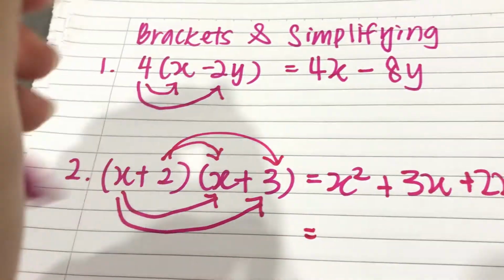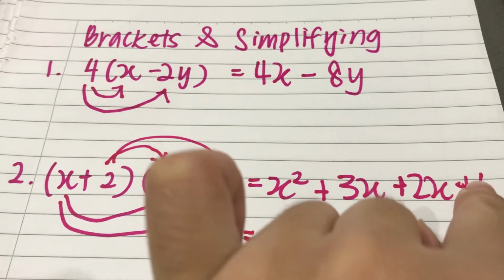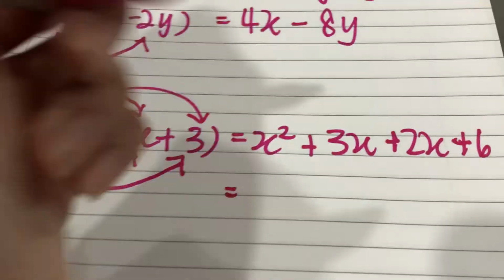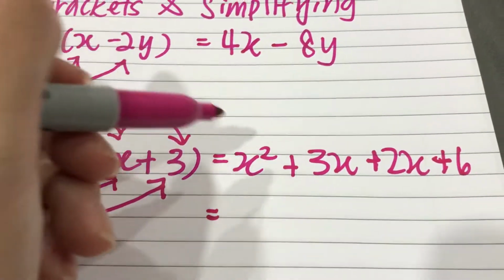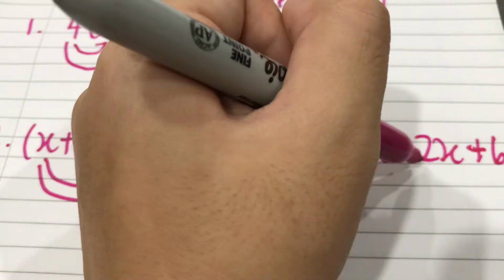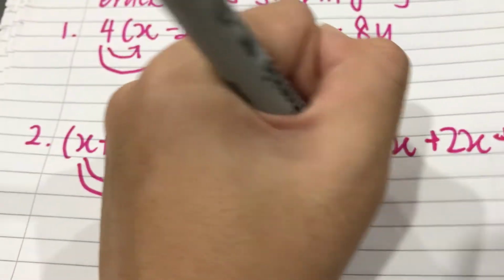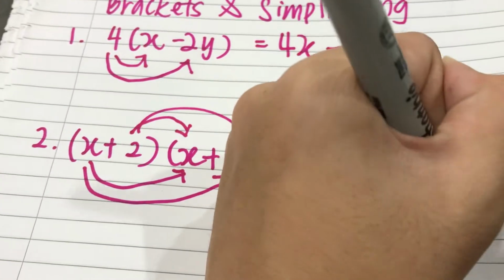So like this, x squared plus 3x plus 2x plus 6. Simplifying is when you add like terms that you can add together. To simplify this, x squared, 3x can plus 2x, so you get plus 5x, and then plus 6.